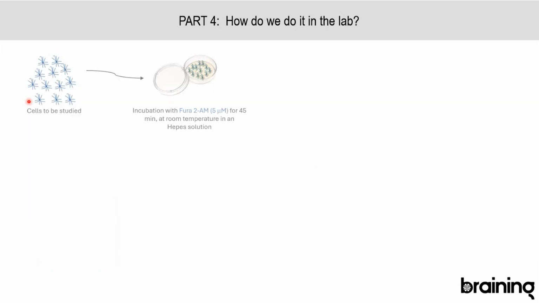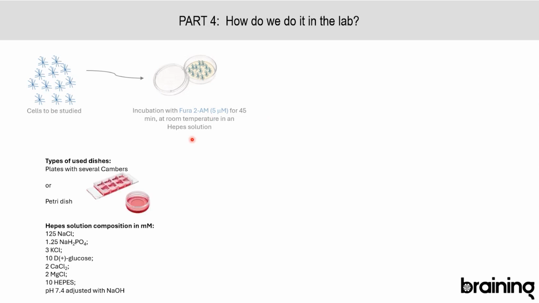it depends on the cells that we want to study. We usually use, in the lab, the FURA-2 AM. Okay, so the FURA-2 AM, as I told you before, is a ratiometric dye. So we can stimulate FURA-2 AM with two different wavelengths, and we record at one wavelength. We incubate our cells with this dye at a concentration of 5 micromolar for 45 minutes at room temperature in a HEPES solution.